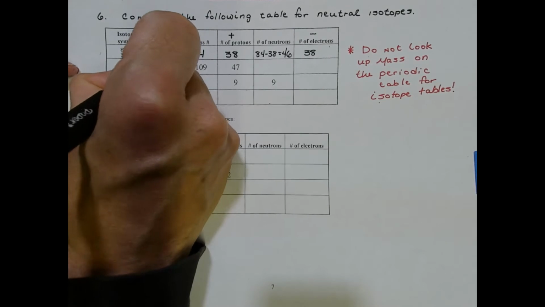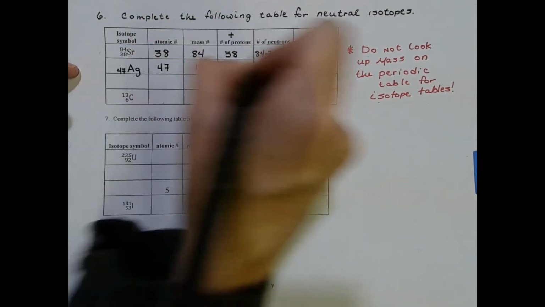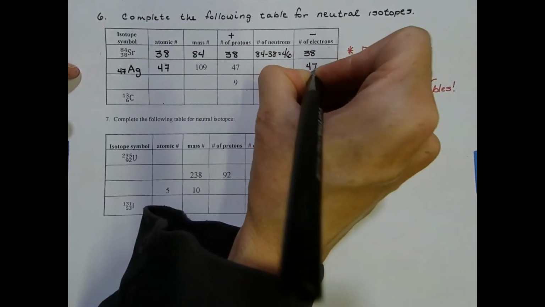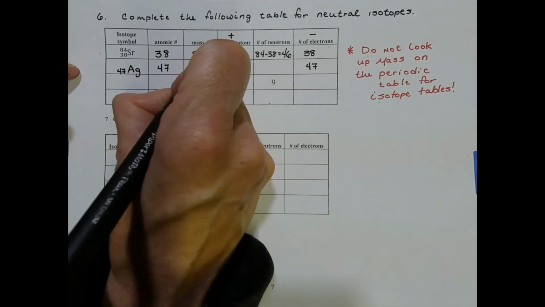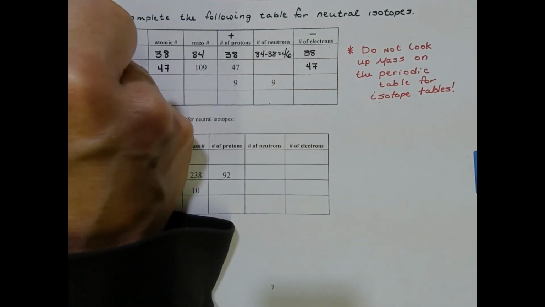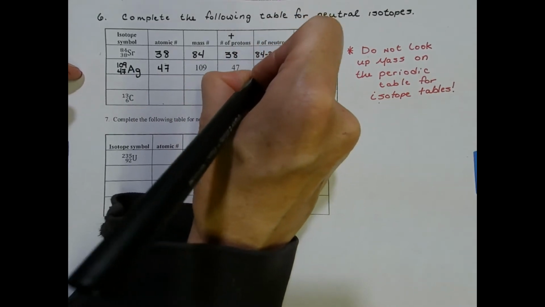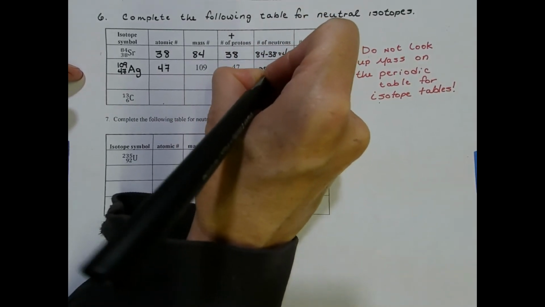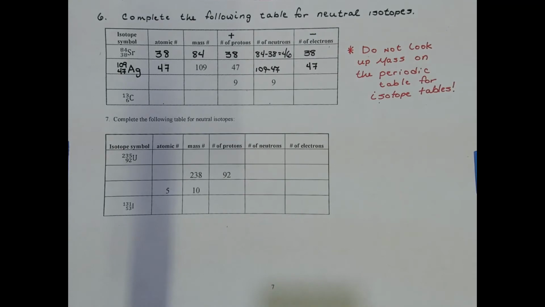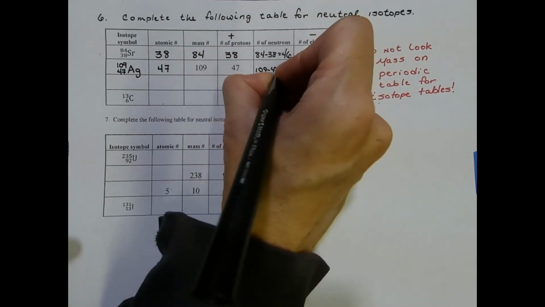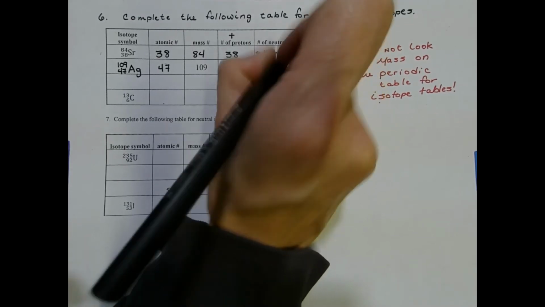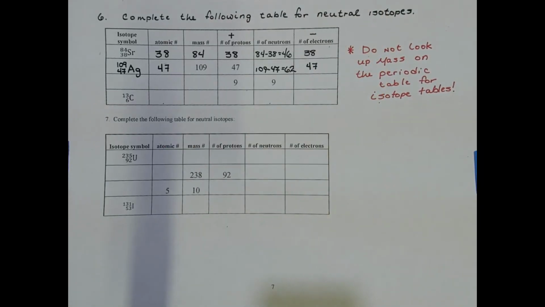That's also going to tell me the atomic number and the number of electrons. My mass number is 109, so I could put that on top. And then I need to do 109 minus 47 to get the number of neutrons here. We're looking at 62 neutrons. Let's do a couple more.